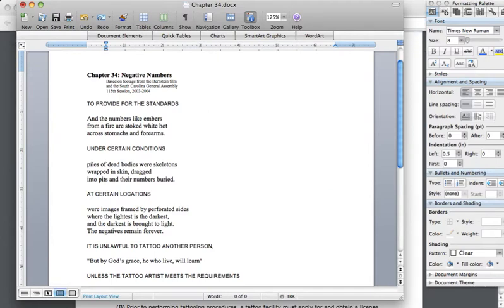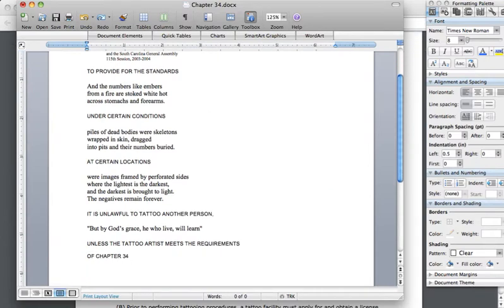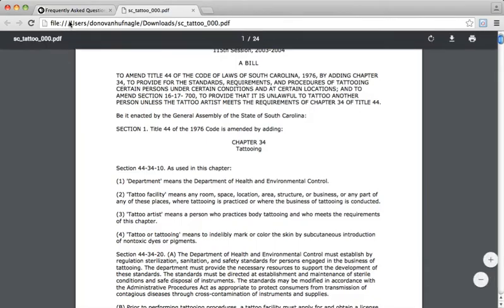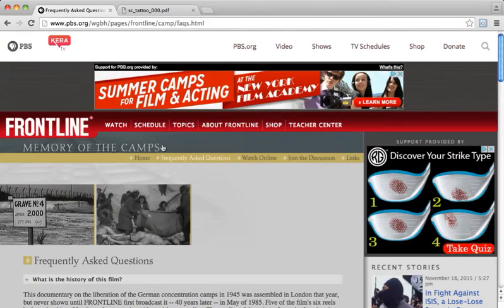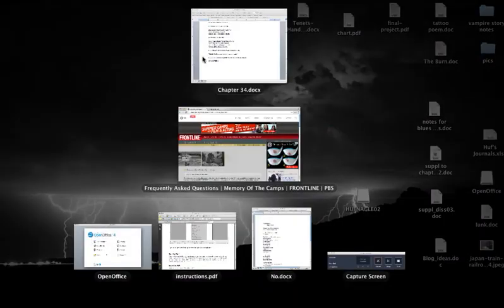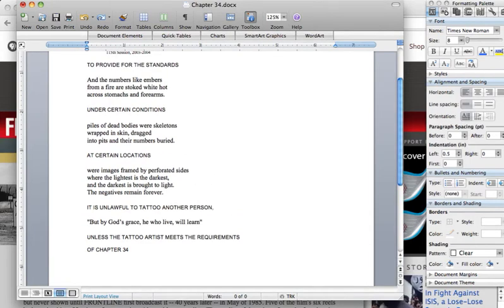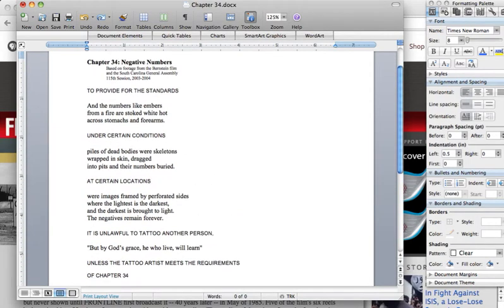The other document that I use is very little. It's actually this line right here in quotes, and it's from a documentary film about the Holocaust, Memory of the Camps. There was a section in that movie that talked about how they tattooed the Holocaust victims for identification purposes.